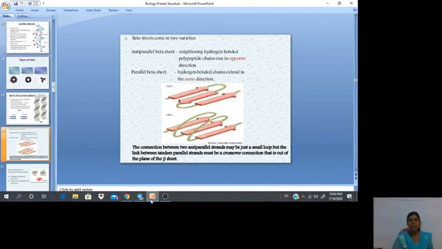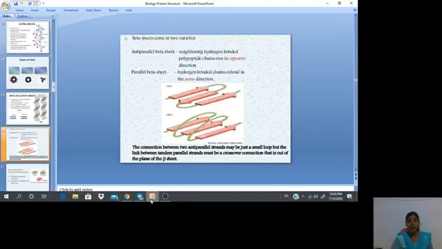In anti-parallel beta sheets, neighboring hydrogen-bonded polypeptide chains run in opposite directions. It is shown in figure A. Arrows are in opposite directions. Whereas in parallel beta sheets, hydrogen-bonded chains extend in the same direction. In diagram B, all arrows are on the same side.